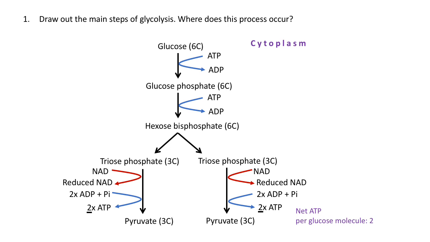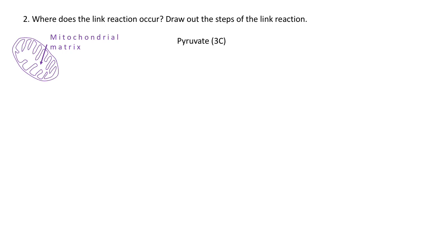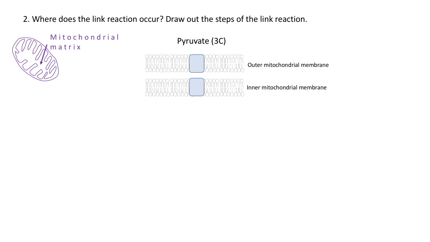Okay, so let's move on to the link reaction. So the link reaction occurs in the mitochondrial matrix. So the steps for the link reaction you should have are initially really important to remember that pyruvate is produced from glycolysis.